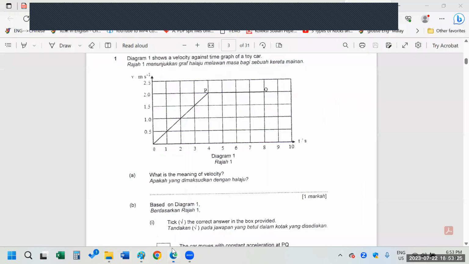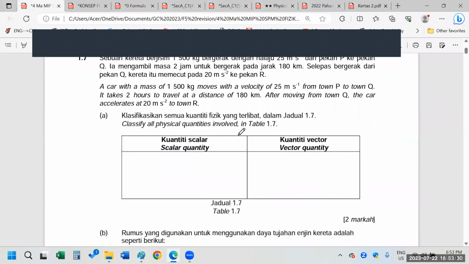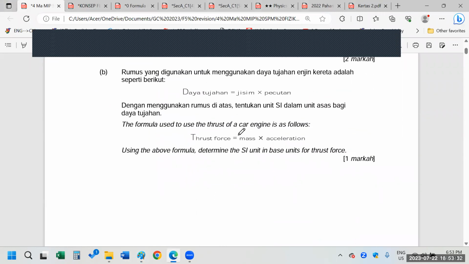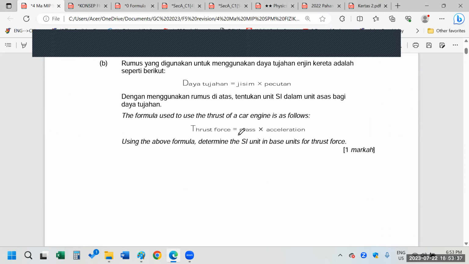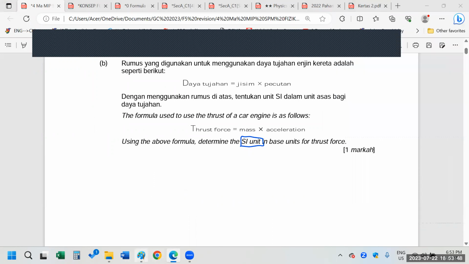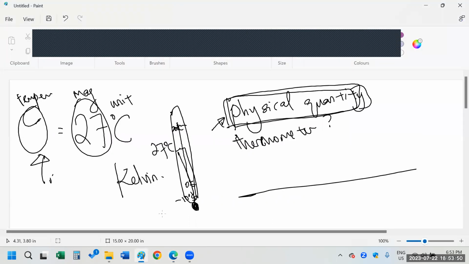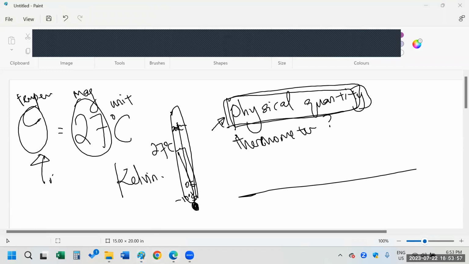Now let's continue to vector and scalar. From here, please find the SI. The 27 just wants to make you confused. Many students will get this question wrong.